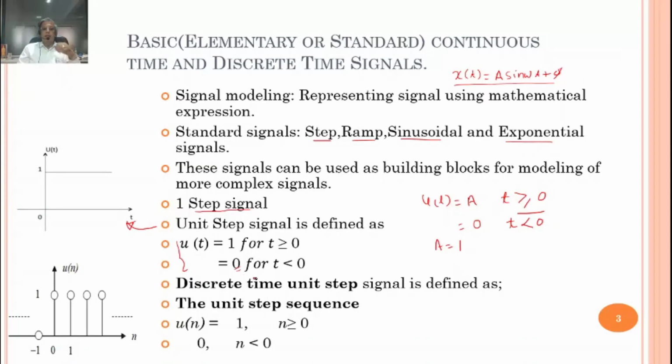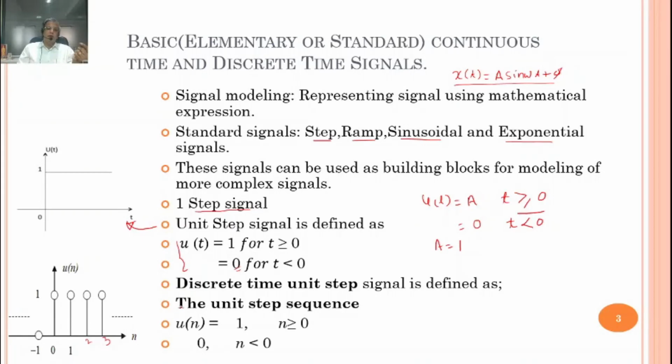Then the discrete time unit step signal. As we know the difference between the continuous time signal and the discrete time signal, discrete time signals occur at discrete instants of time, meaning n equals 1, 2, 3.